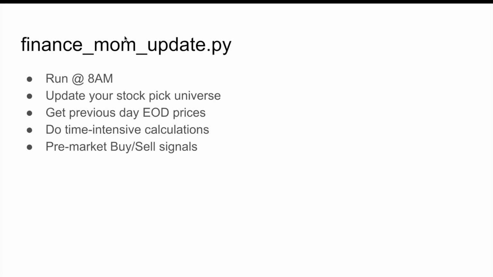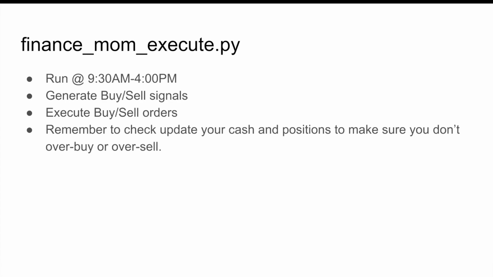So mainly the update script will be running, updating the ticker information and the end of day prices for power-intensive calculations. And around 9:30, when the market is open and actively trading, you can write a small algorithm that does not take that much time.